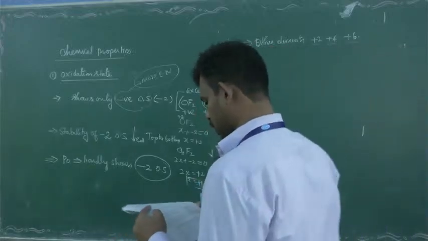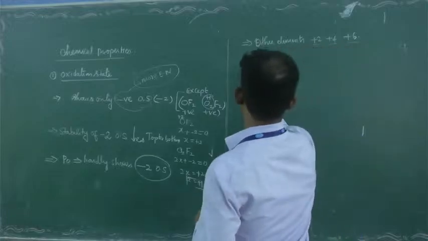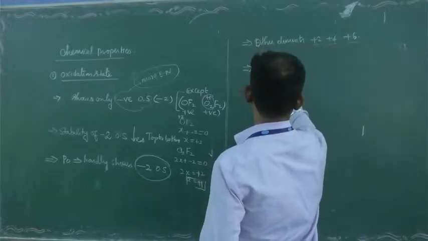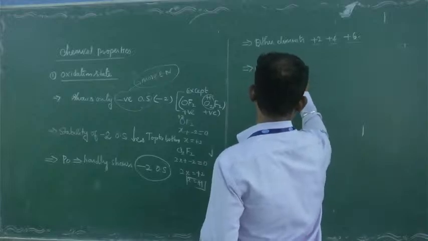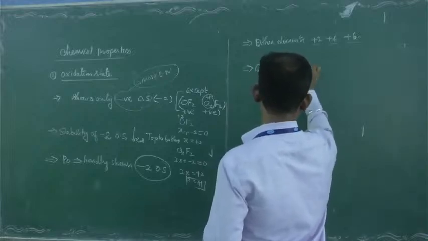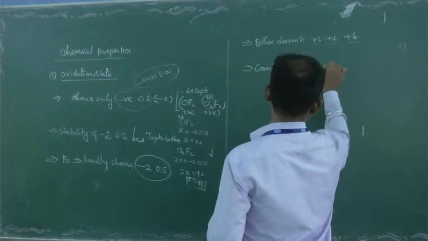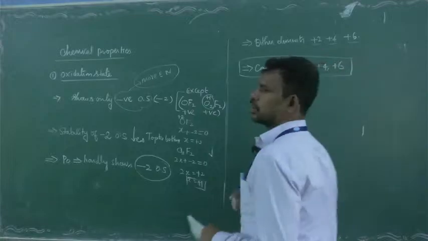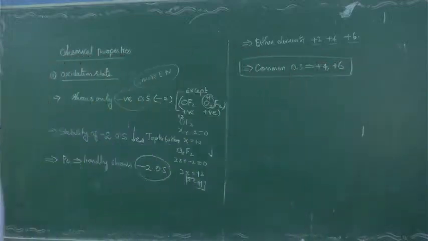Is it clear? The more common oxidation states are plus 4 and plus 6. For the other elements, the most common oxidation state is plus 4.